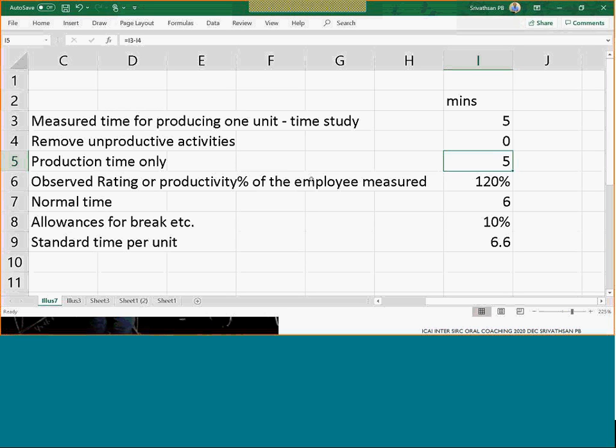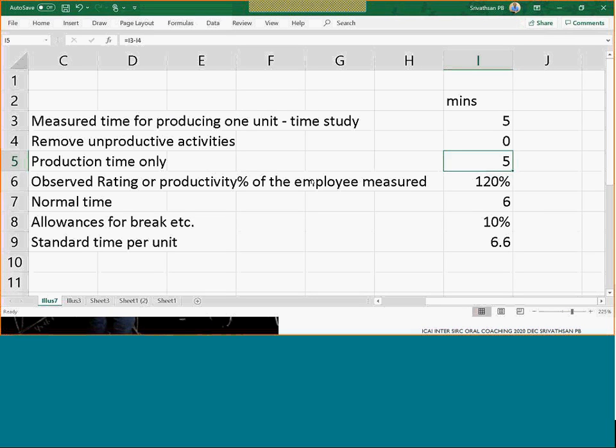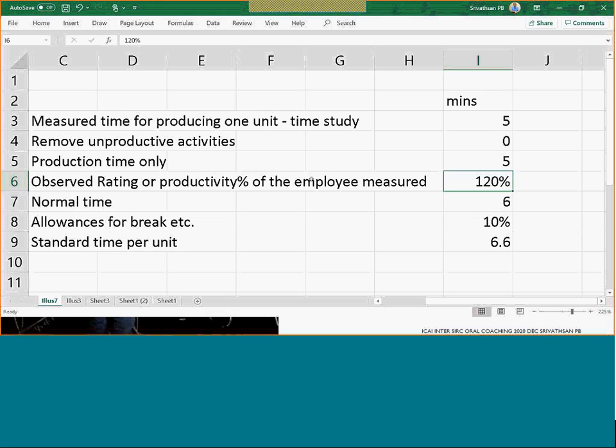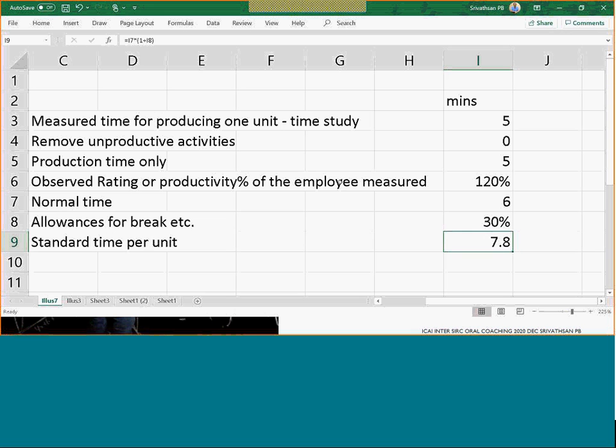There are no unproductive activities in this problem. Here, the employee is working at 120%. And then you allow 30% allowances. So the total time must be 7.8 minutes per unit. We got that 7.8 minutes per unit.